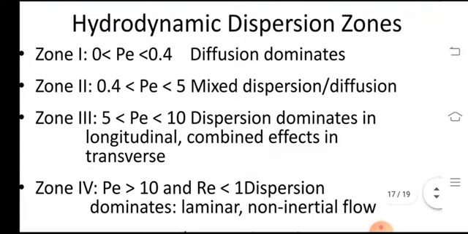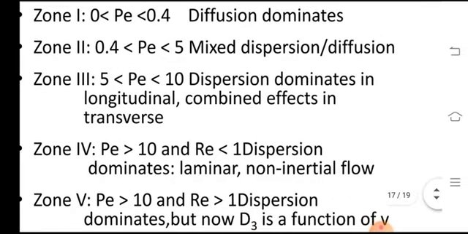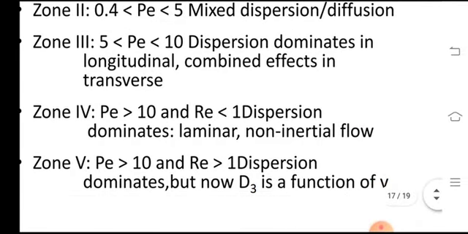If it is less than 10 and greater than 5, it will have dominant longitudinal and combined effects in transverse. Similarly, Pe greater than 10 and Re, the Reynolds number, less than 1, dispersion dominates and linear non-inertial flow will be taking place.